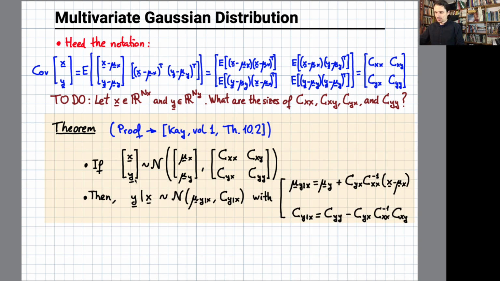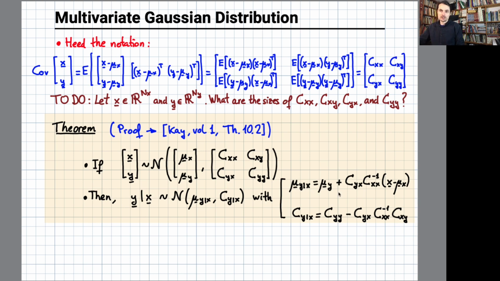In that case, it can be shown that the conditional distribution of y given x is Gaussian with a mean and a covariance matrix that are given by these two expressions, right?